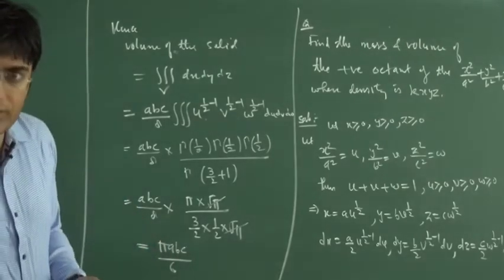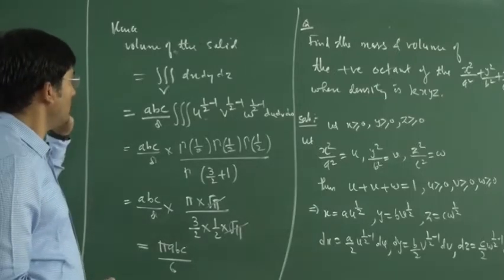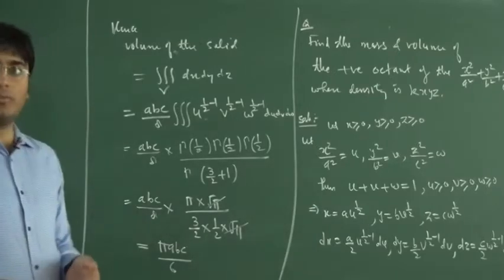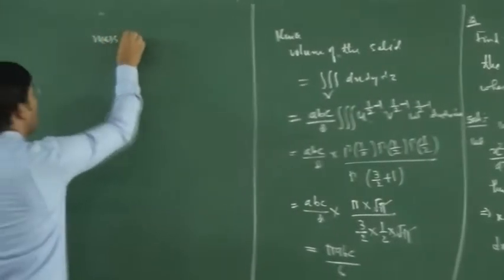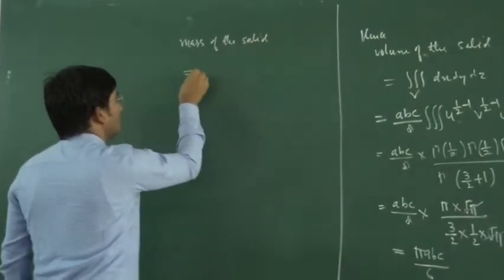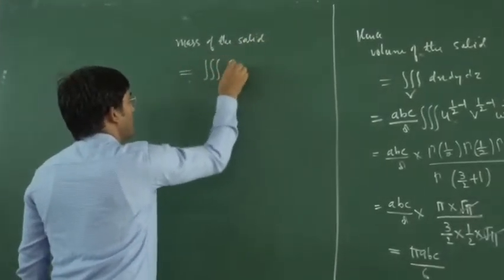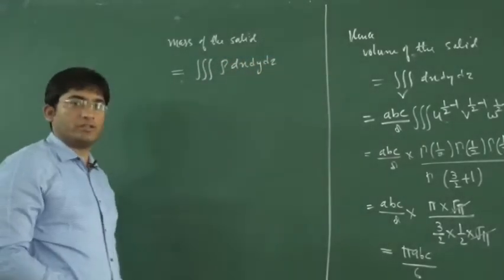Now let us find out the mass of the solid. So the mass of the solid will be the triple integral of rho times dx dy dz, that means volume into density.